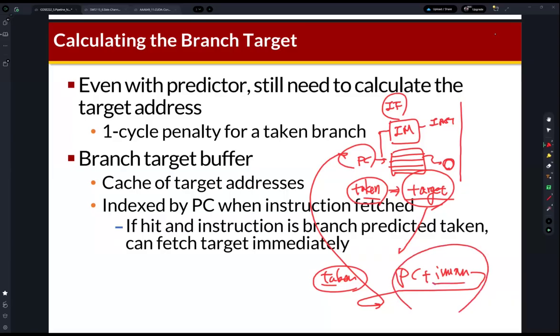Where is the target? In order to calculate the target of a branch instruction, we actually need to get the real instruction, because the immediate value is included in the instruction, right? So what's the problem?